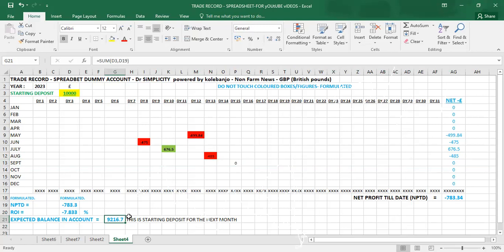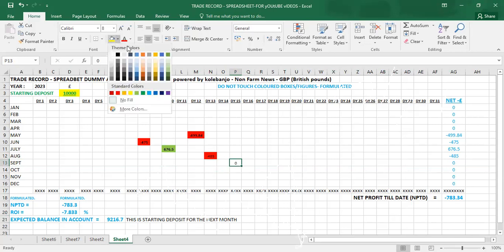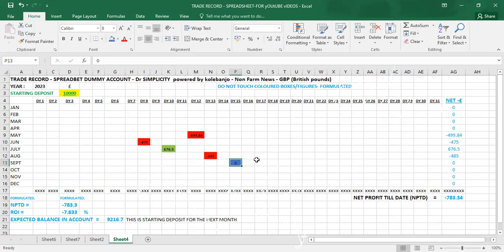That's the nature of the game. We haven't made any gains or losses on this occasion, and we're happy to record that as a 0. So far we have had 1, 2, 3, 4, 5 trades. 3 have been losses.